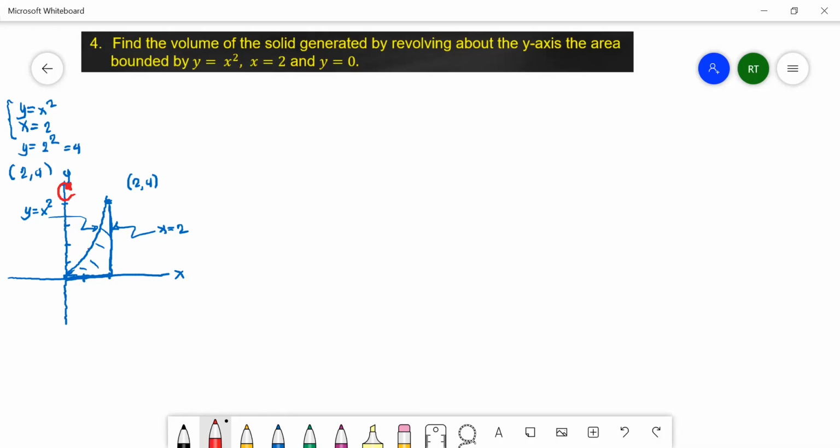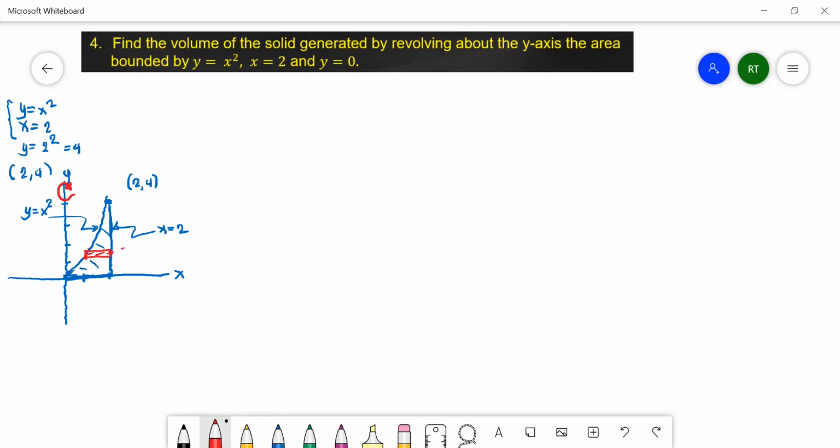So that must be a horizontal element. So let this be the horizontal element perpendicular to the y-axis.